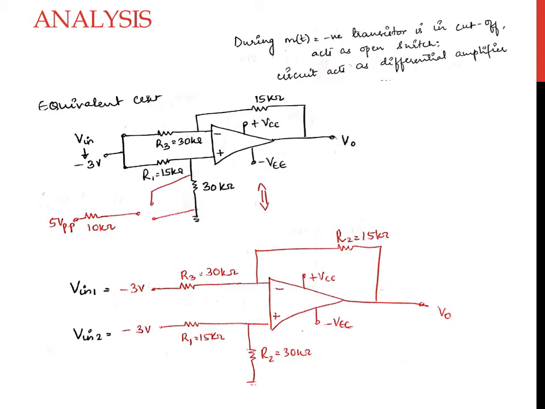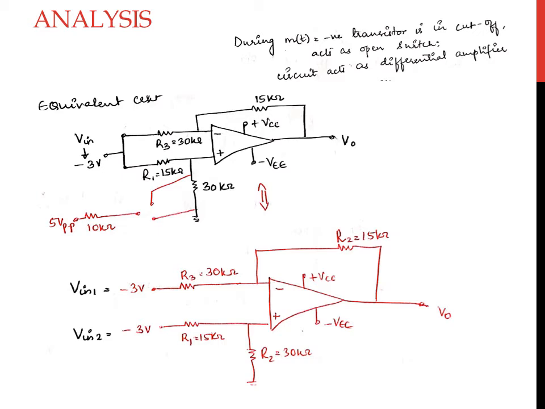During the negative half cycle of m of t, the NPN transistor will operate as an open switch. Since it is in the cutoff region, the base emitter junction and the base collector junction are reverse biased. Since it is acting as an open circuit, the equivalent circuit will be a differential amplifier circuit.